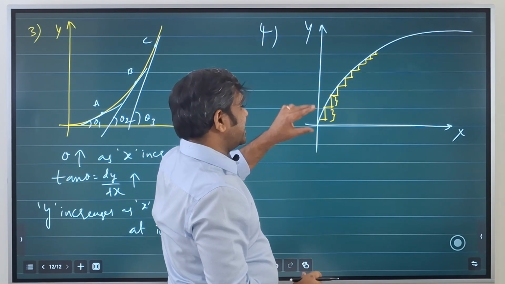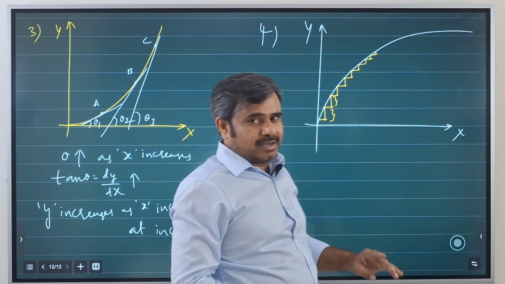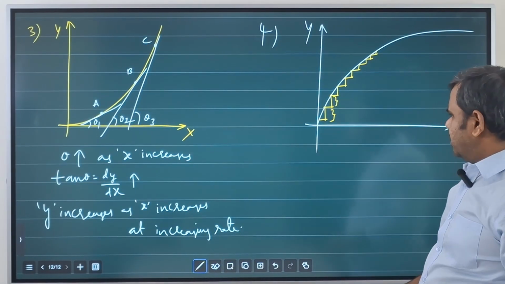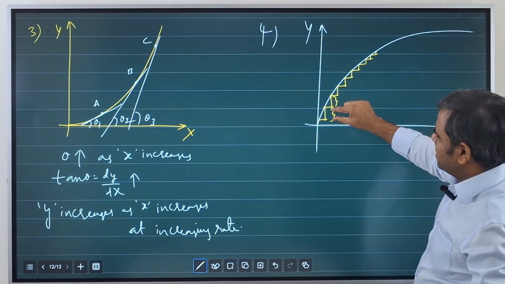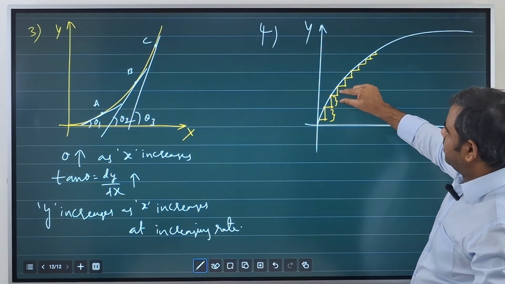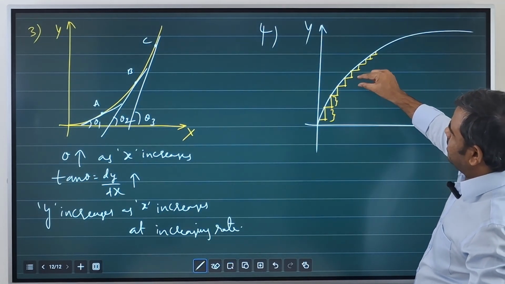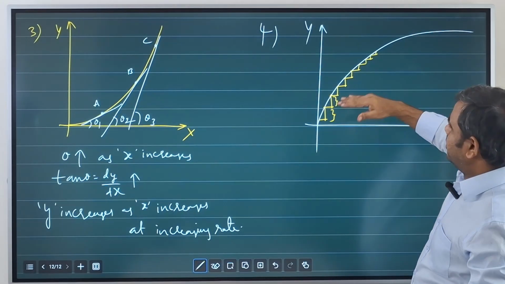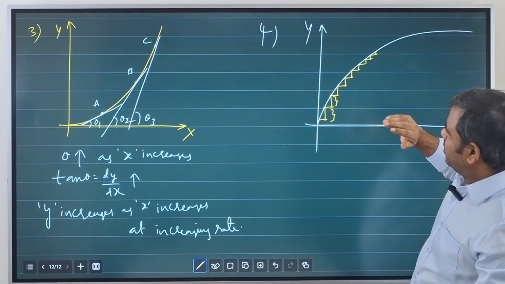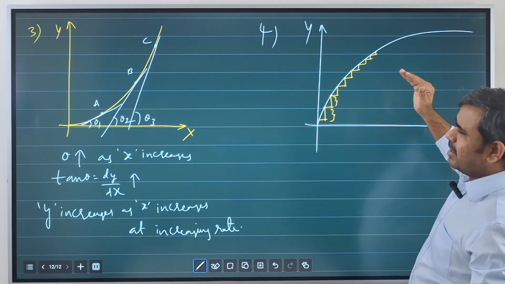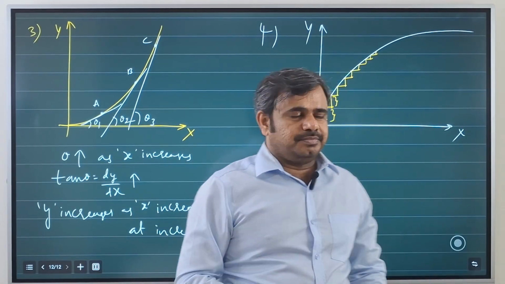You are increasing your height as you are climbing up the hill, but initial increase in height is more for every step. So increase in height is decreasing for higher values of x. You can say height is increasing, but at a decreasing rate.